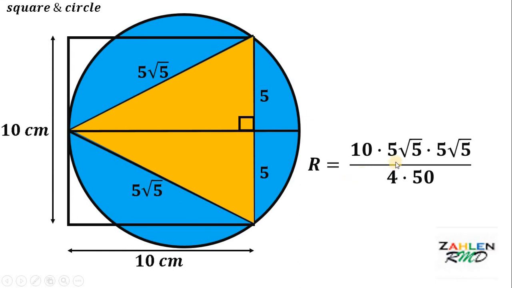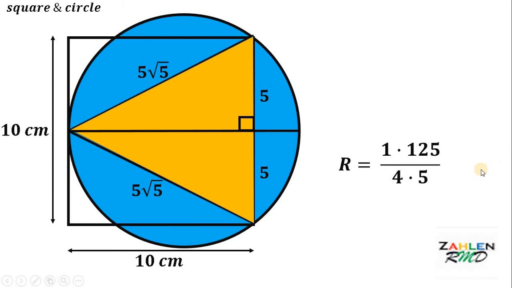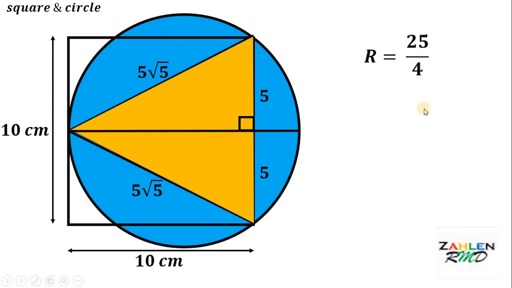Now simplify. 5 square root of 5 times 5 square root of 5 will give us 125. Now cancel out factors of 10, and then cancel out factors of 5, and there you go, we have the length of the radius of the circle, which is equal to 25 over 4.